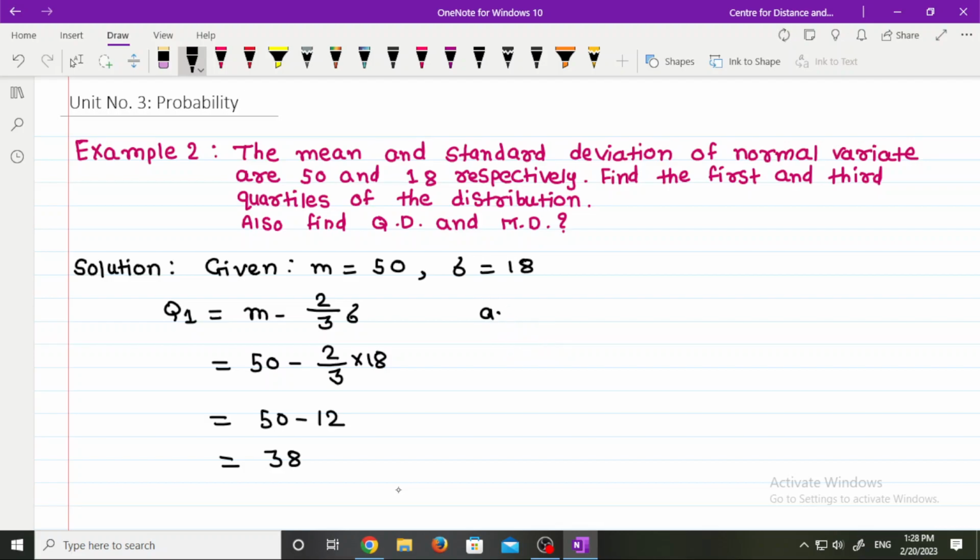And here we find out Q3, which is equal to m plus 2 by 3 into sigma.